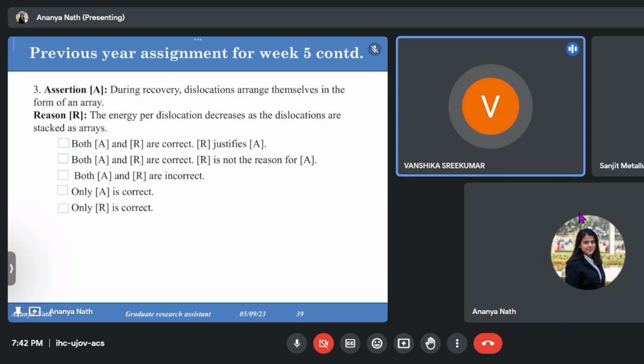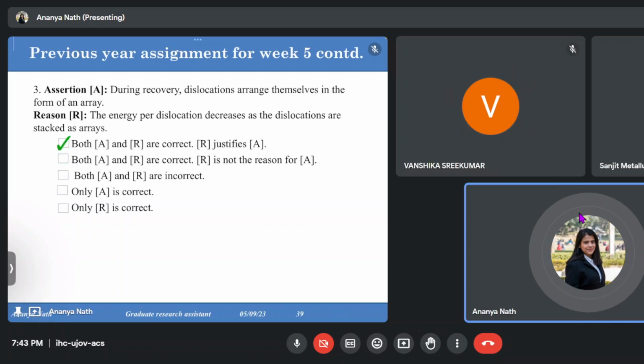I guess both the assertion and reason are correct, and the reason justifies the assertion. So both A and R are correct and R justifies A.